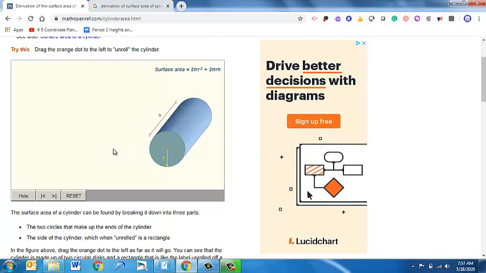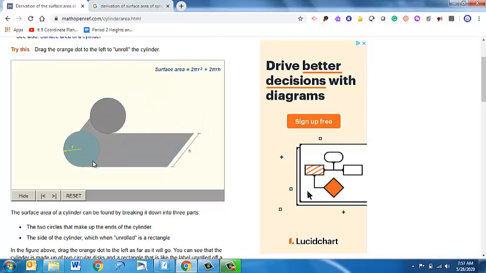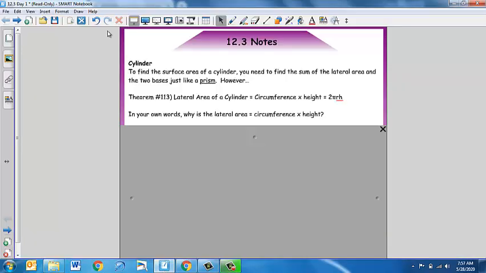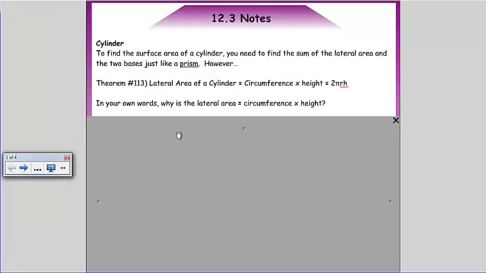And if you look at the base of the rectangle, it's actually the wraparound, which is actually the circumference of the circle. So notice that the surface area will be 2 pi r times h, which is what you just saw. And then we're also going to have to find the area of each circle using pi r squared, and the circles will be congruent, both of them.